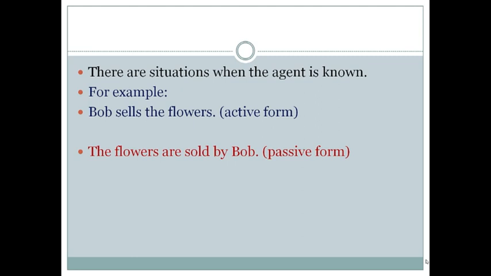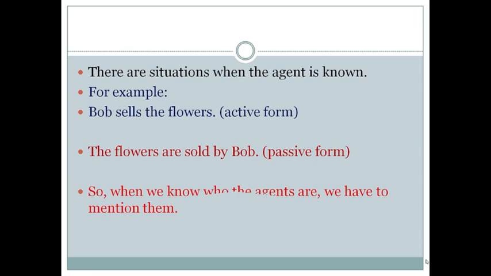The flowers are sold by Bob. The passive form. Bob sells the flowers. The flowers are sold by Bob. So, when we know who the agents are, we have to mention them.